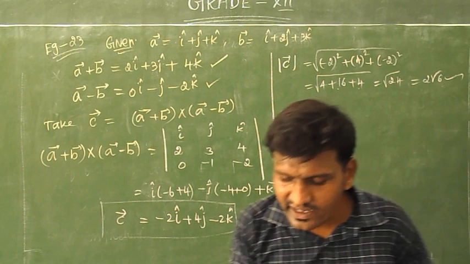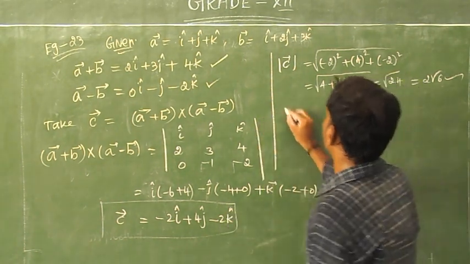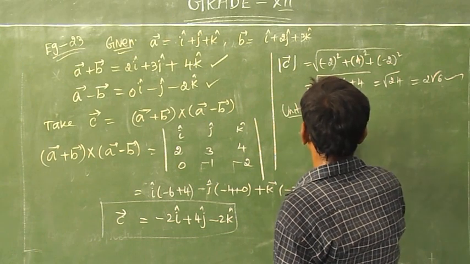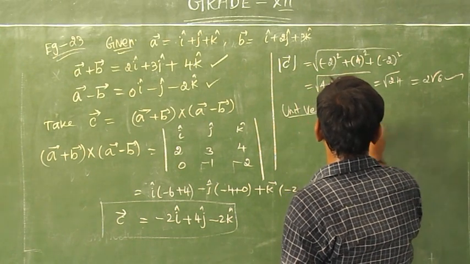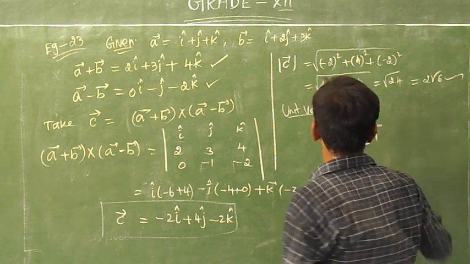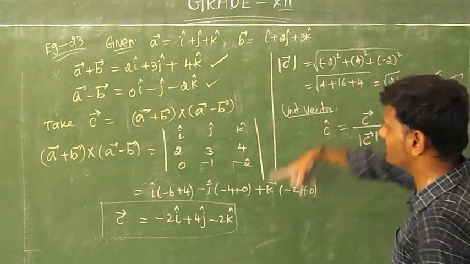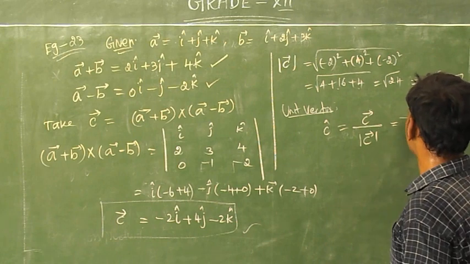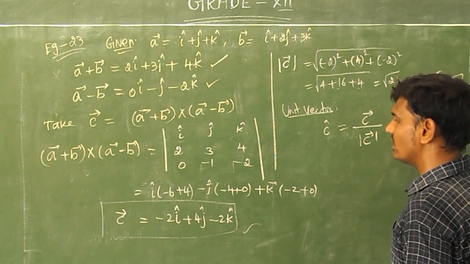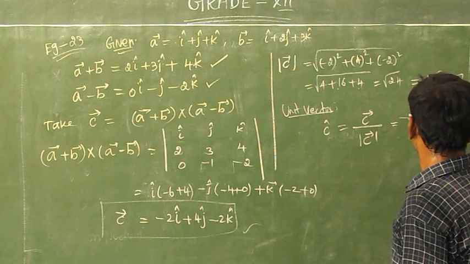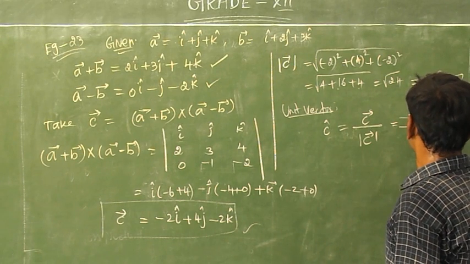Now we are going to find the unit vector. So unit vector c cap is equal to c vector whole divided by modulus of c vector. What is the c vector? That is minus 2 i vector plus 4 j vector minus 2 k vector whole divided by 2 root 6.